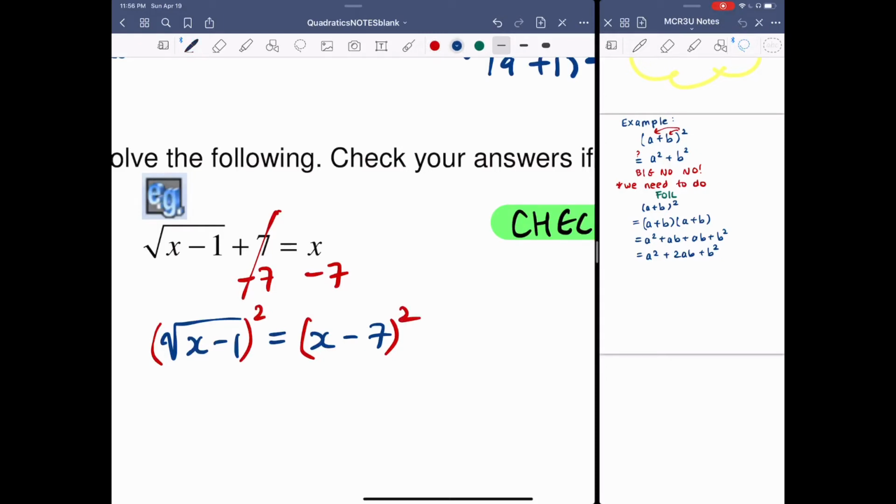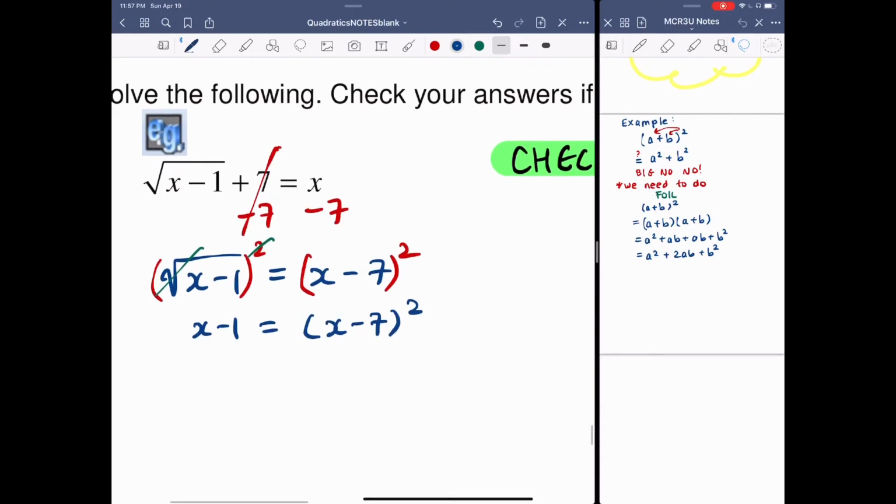When I do that, on the left side my square root and my square are going to be gone. I have x minus 1 equals (x minus 7) squared. Focusing on my right side, remember I can't put the 2 onto the x and the 7 like that. I need to do FOIL.